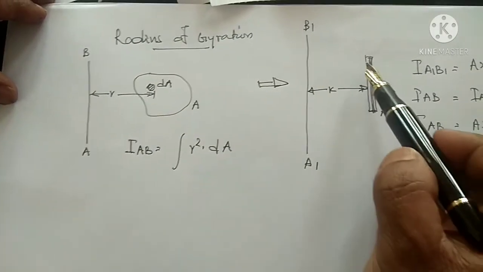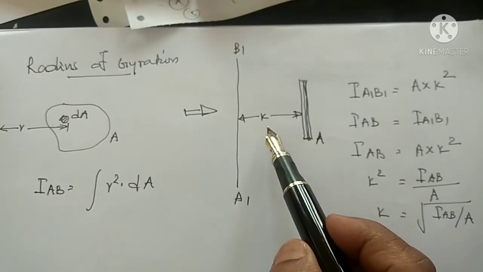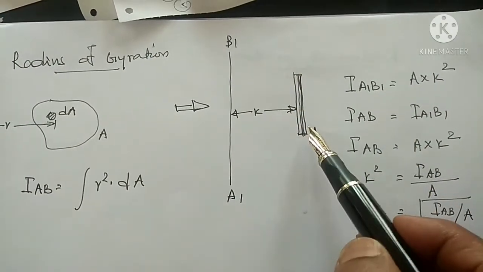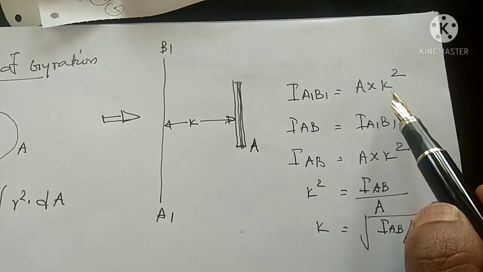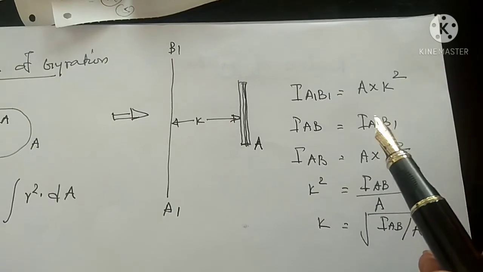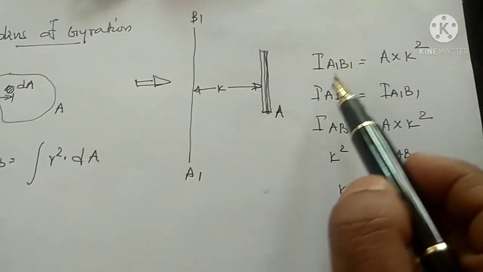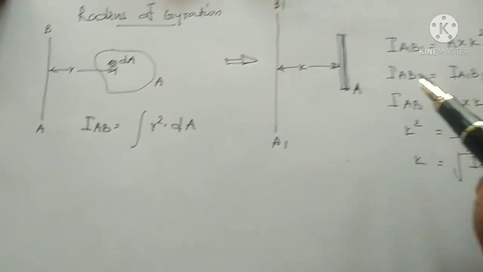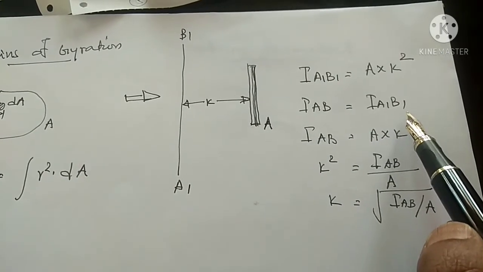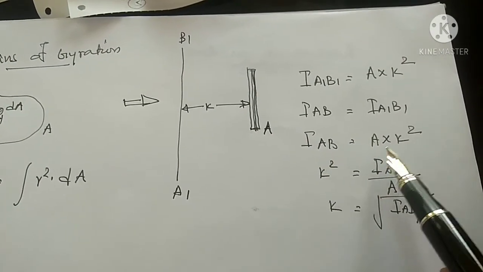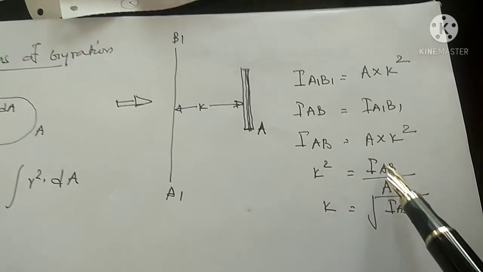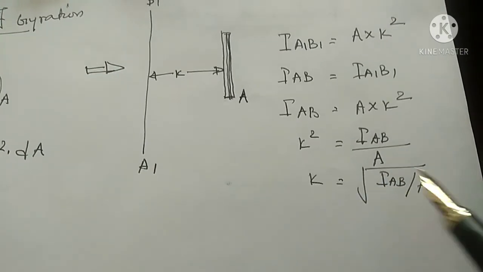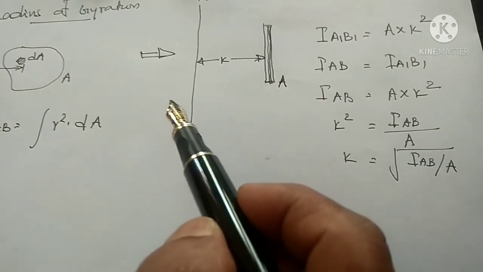This area is converted into a small strip at a distance K from the reference axis A1B1. Then the moment of inertia of this small strip, IA1B1, is equal to A into K square. If IA1B1 is equal to IAB, that is, IAB is equal to A into K square, then K square is equal to IAB divided by A, that is, K is equal to root of IAB by A. Then this K is known as the radius of gyration.